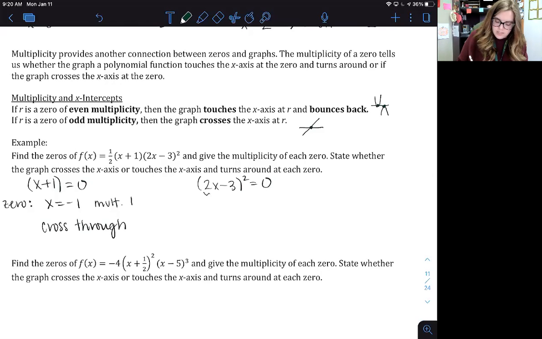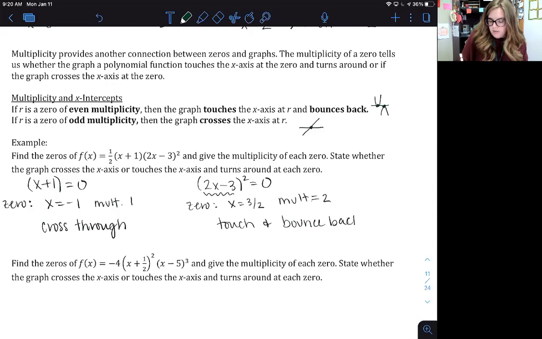If we just look at this inside, 2x minus 3 equals 0. Add the 3 to the other side, then divide by 2. That tells us that x equals 3 halves. Our multiplicity is going to match our exponent, which here is 2. And since that's even, it's going to touch and bounce back.